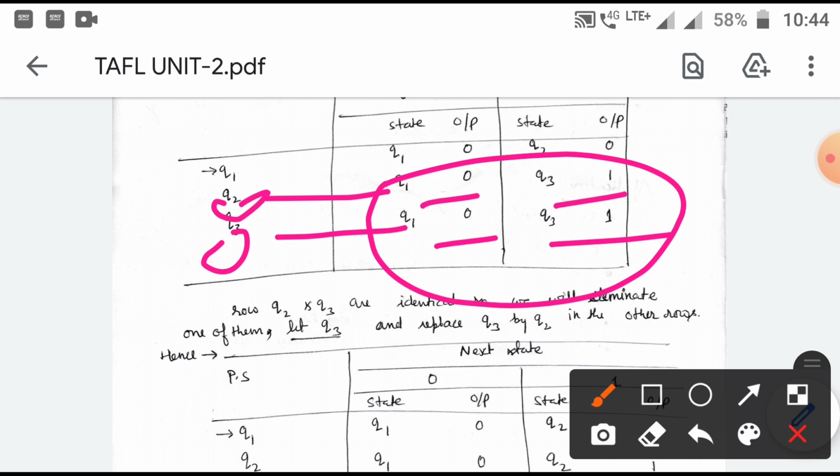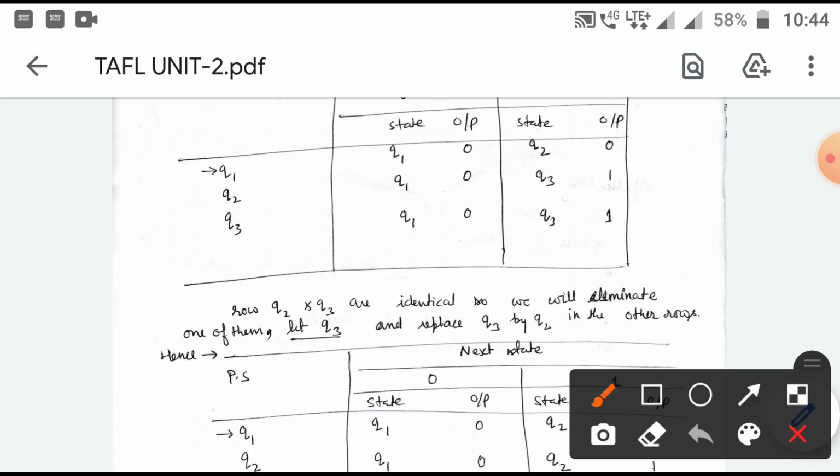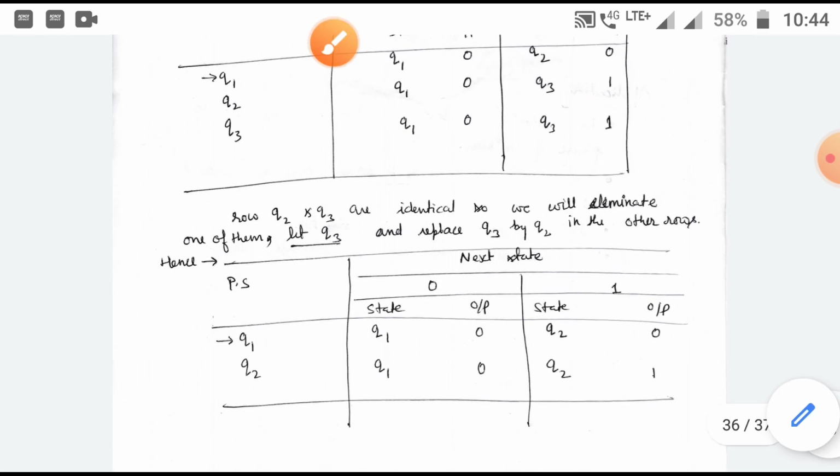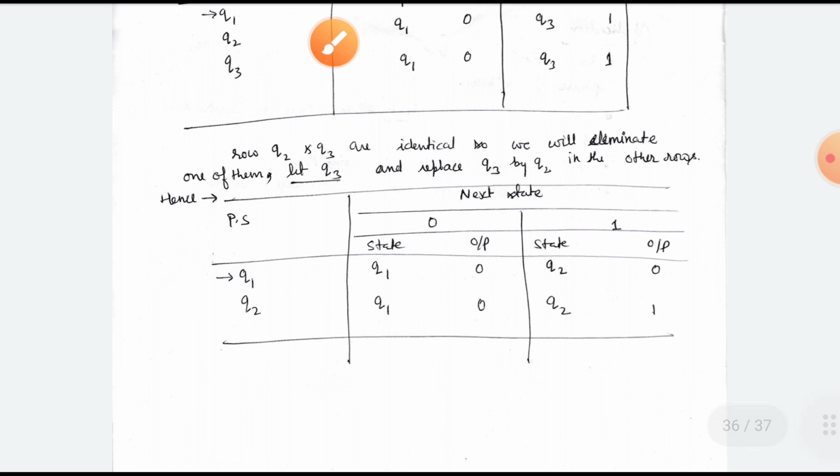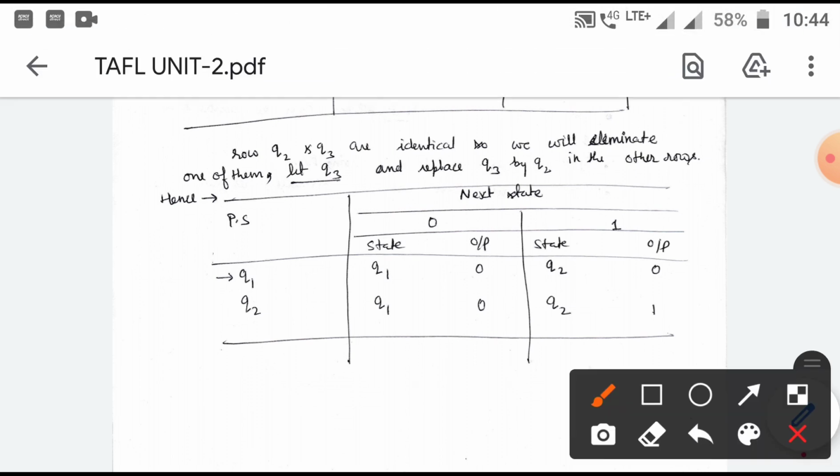Let us say Q3 is eliminated. So this row will be removed, and every Q3 in the remaining part will be replaced by Q2. Since here is Q3, this Q3 will be replaced by Q2, so the final table will look like that, and this is the final answer.